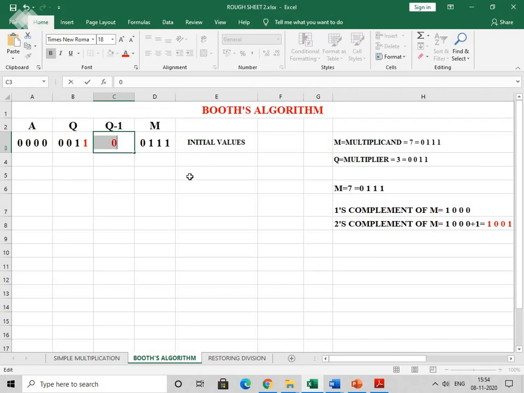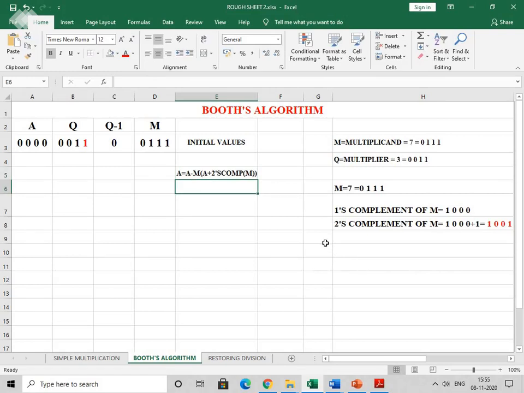So here we will write A equal to A minus M, that means A plus 2's complement of M. So what will be the result?